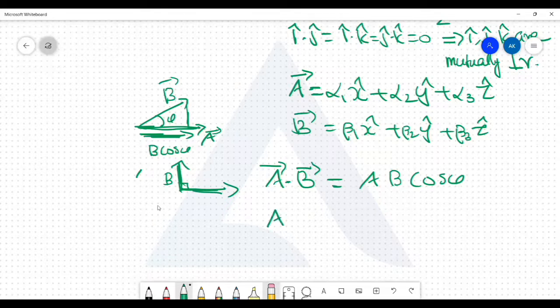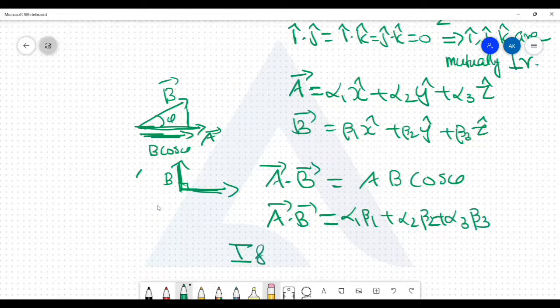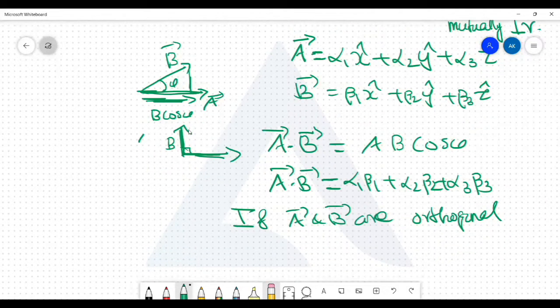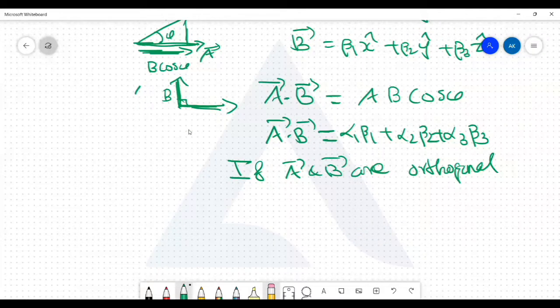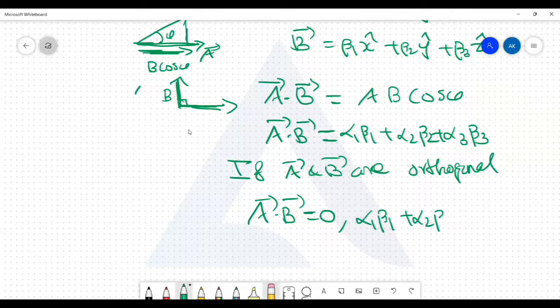Now see, dot product of A dot B, if I take, I get alpha 1 beta 1 plus alpha 2 beta 2 plus alpha 3 beta 3. If A and B are orthogonal, I could say A dot B should be 0, or alpha 1 beta 1 plus alpha 2 beta 2 plus alpha 3 beta 3 equal to 0.